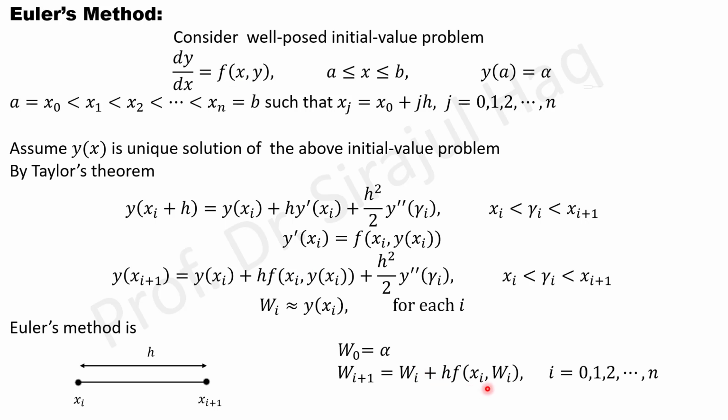So w i is the solution at x i. So Euler method is using two consecutive points. If the solution at the previous point is known and the function is known, then we can find the solution at the succeeding point.